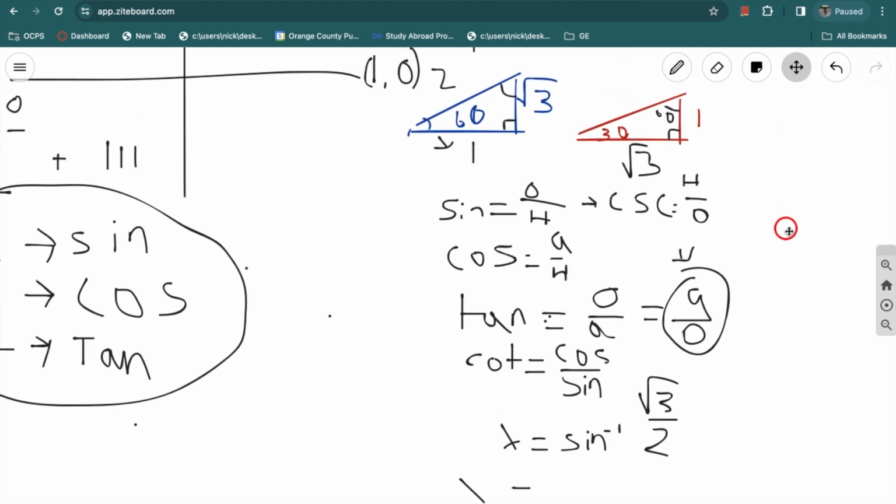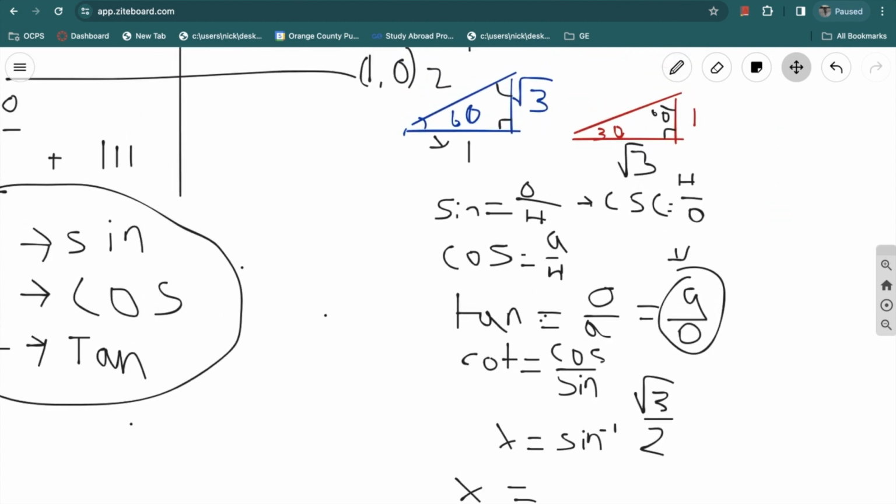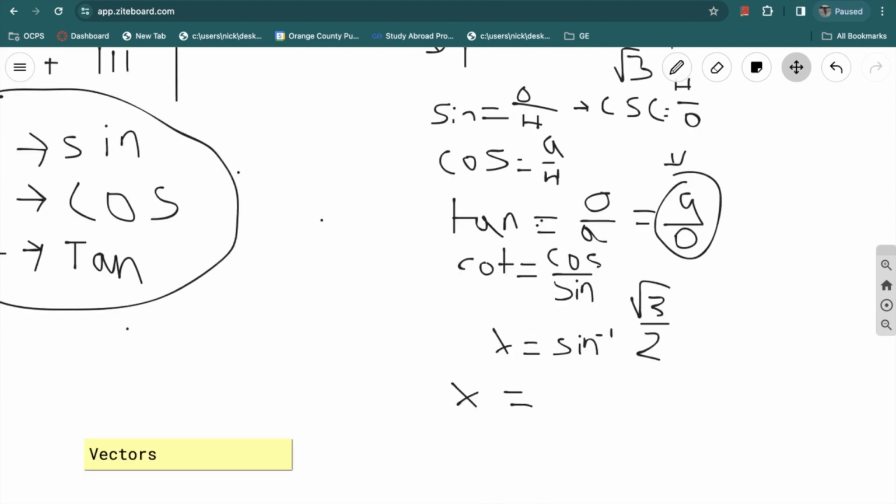So this is a 60-degree angle because it's opposite over hypotenuse, and the hypotenuse is 2. So it's the opposite of square root of 3, which is 60. That means our angle is going to be pi over 3.